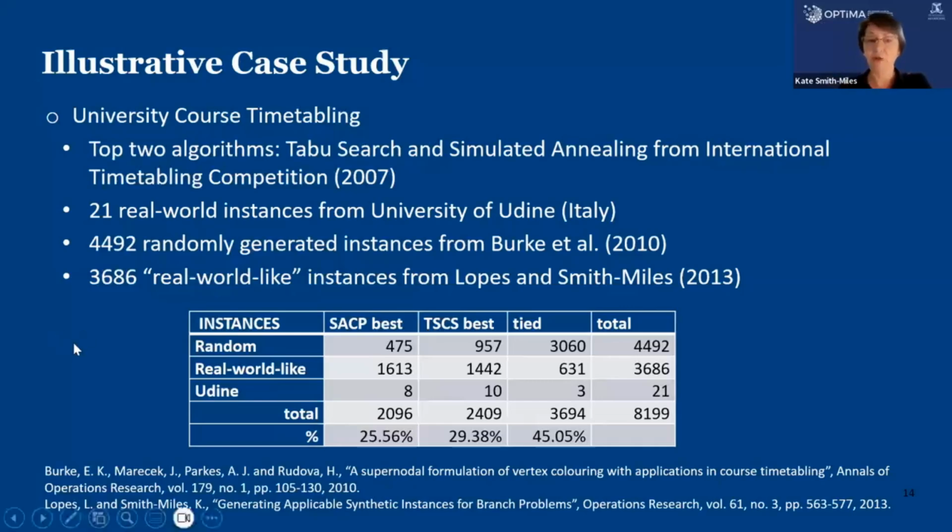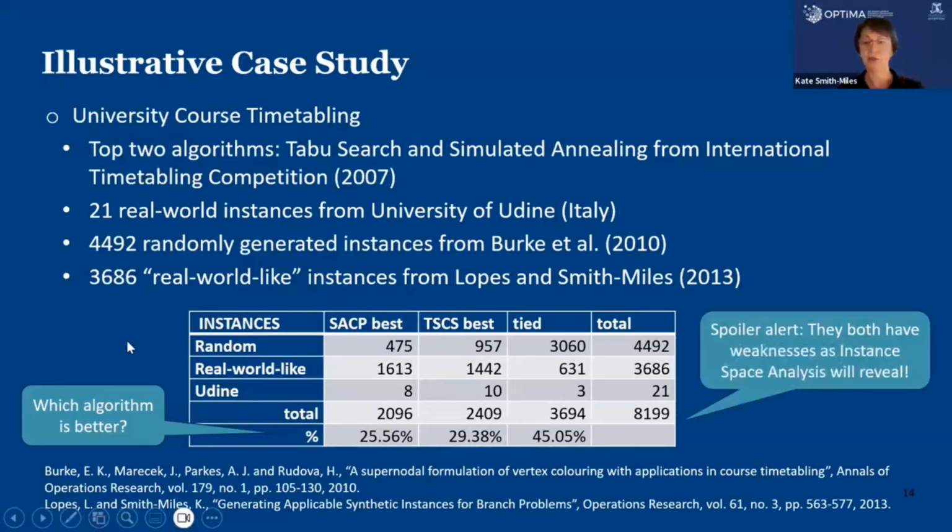We're actually more interested in what the properties of the instances are rather than who created them. So this doesn't really help us very much. We see that taboo search is slightly better for random instances, and that the real-world-like instances are a little bit better suited to simulated annealing, but it's not particularly insightful to look at this.